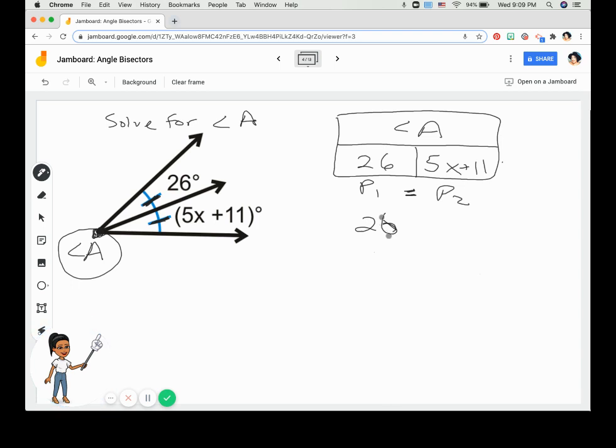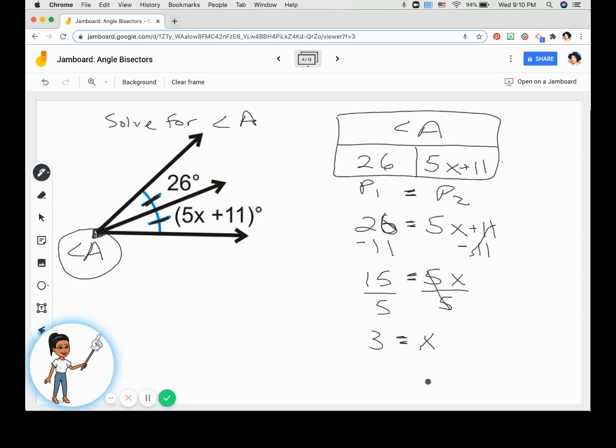Now, I don't have to, but I will. If I know that this is equal to 26, because they're both equal, I'm going to subtract 11 from both sides, and I'm left with 15 is equal to 5x. When I divide both sides by 5, I get 3 is equal to x.